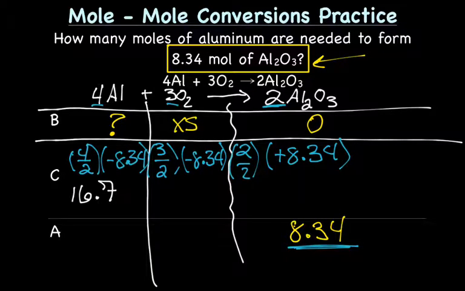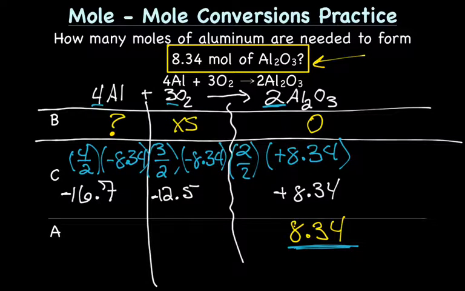And we need to multiply 3 over 2 by 8.34. And with the correct number of sig figs, I got 12.5. And 2 over 2 is 1, so this one is still 8.34. And I forgot to put my signs back in, right? That's a negative and a negative.